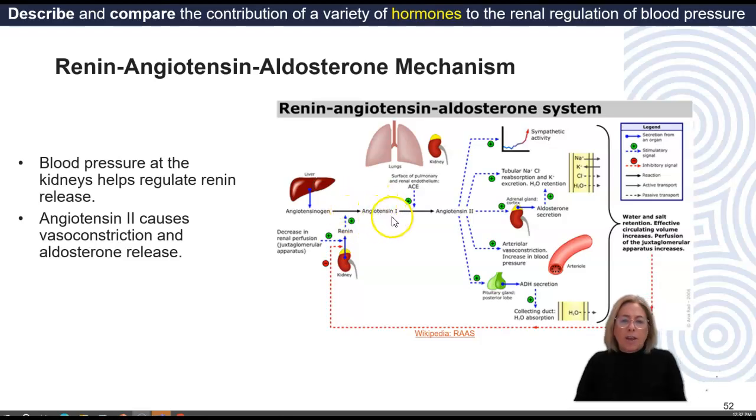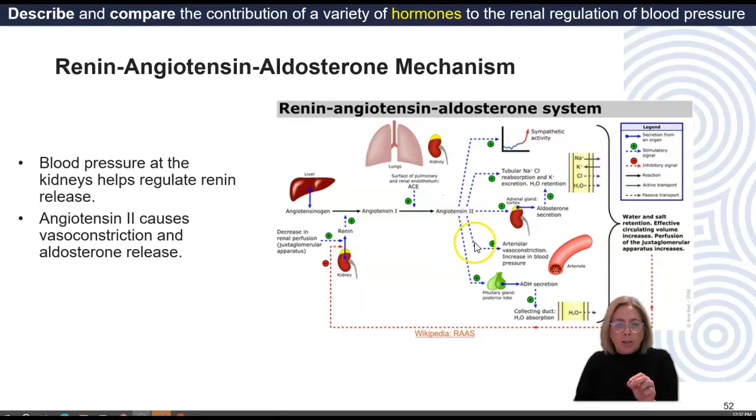All right, and then angiotensin 1 is converted to angiotensin 2 by this angiotensin converting enzyme, which is produced by release from lung capillaries. Okay, that angiotensin 2 is a potent vasoconstrictor.